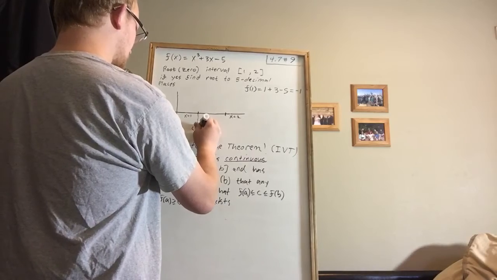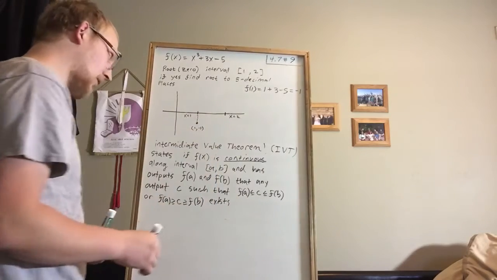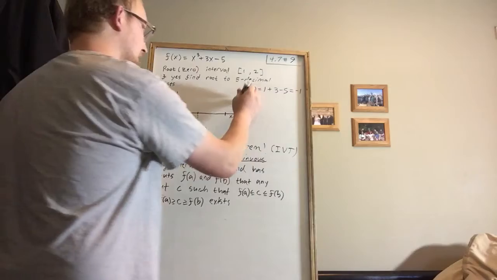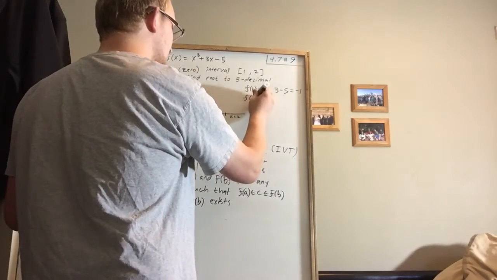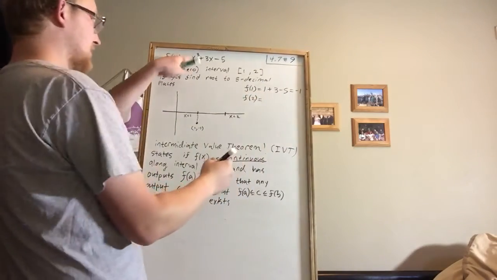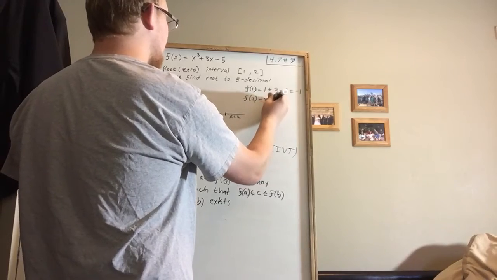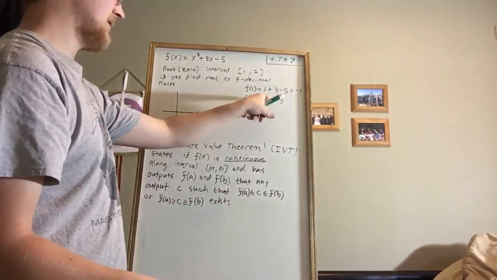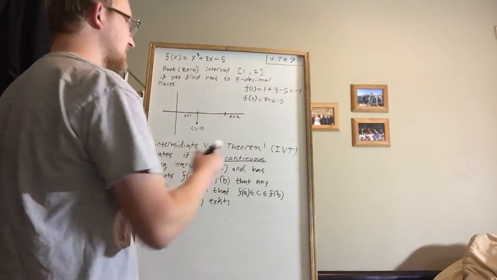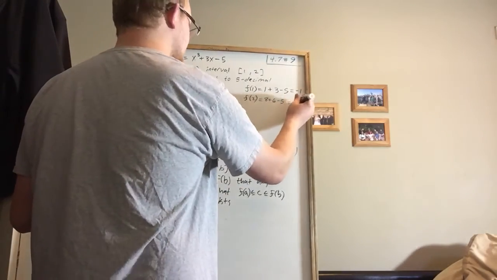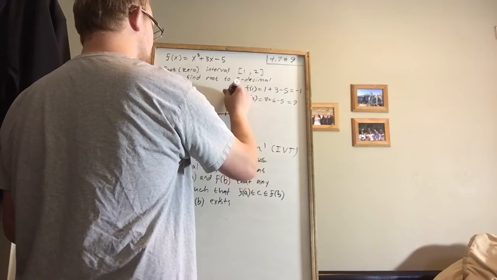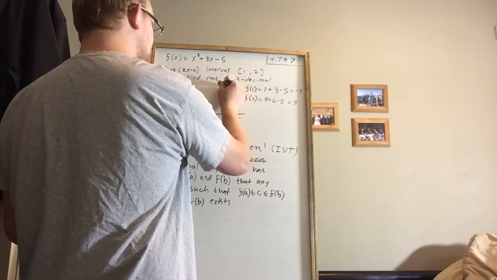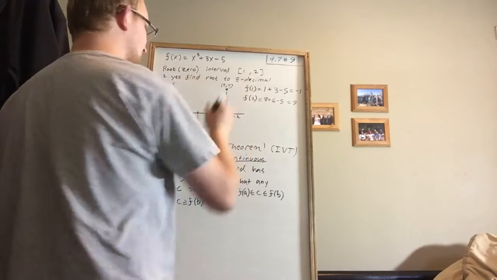There's an ordered pair 1, comma, minus 1. Now we're curious about f of 2. 2 cubed is 8, plus 3 times 2 is 6, minus 5. 8 plus 6 is 14, minus 5 is 9.